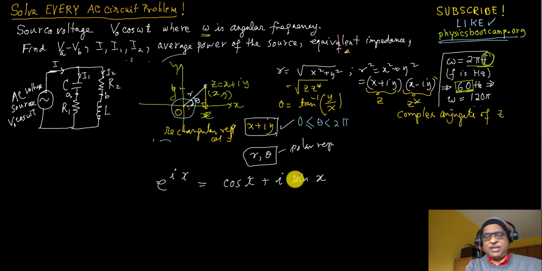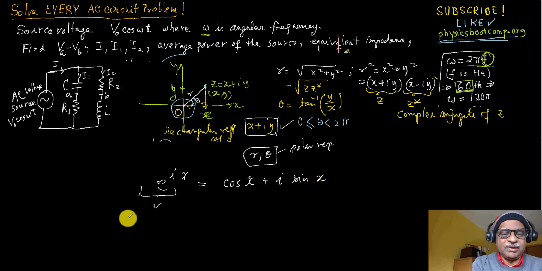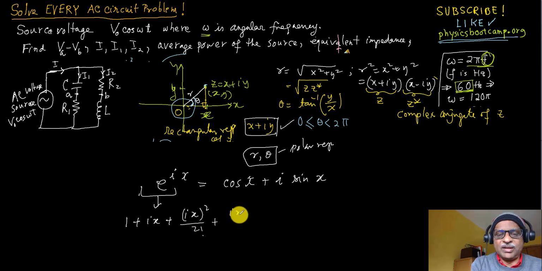There are many proofs of this, a couple of really interesting ones. One is just to expand and collect terms. If you expand in a Taylor series, you get 1 plus ix plus (ix)^2 over 2 factorial plus (ix)^3 over 3 factorial, and so on.